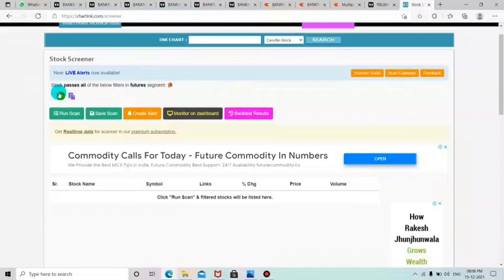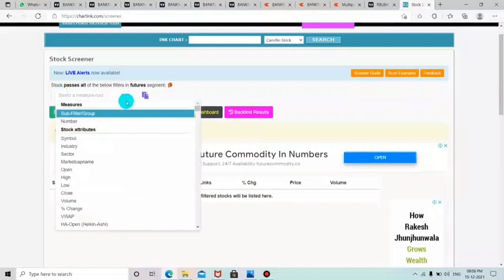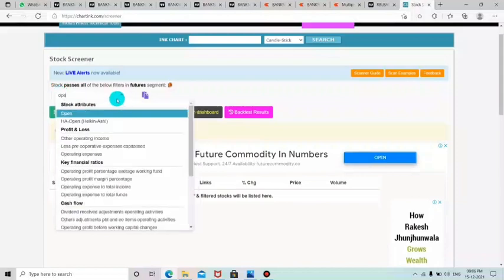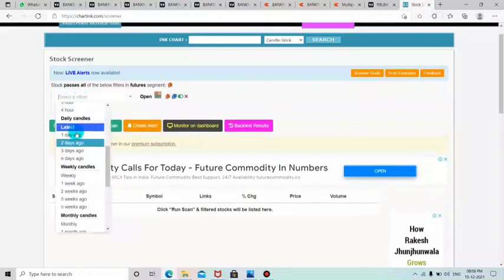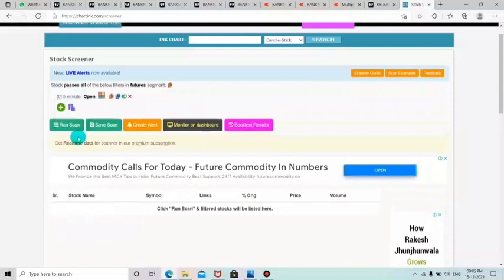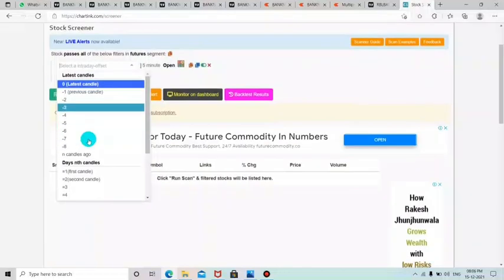Now I am going to give the condition, that is the first candle open. So we are going to click open, the open of the first candle, the first 5 minute candle. For this strategy we will be using only the 5 minute time frame. This is the condition we need to give for choosing the first candle. The intraday first candle will be chosen for the 5 minute time frame.